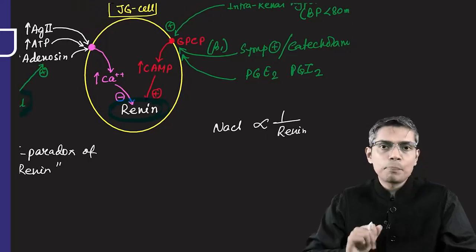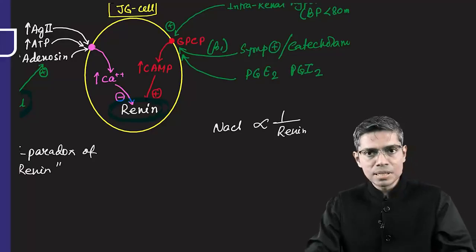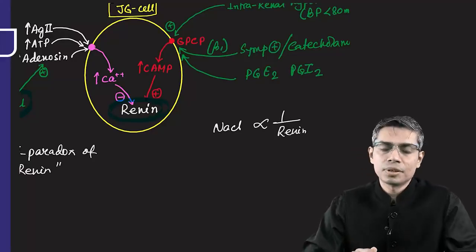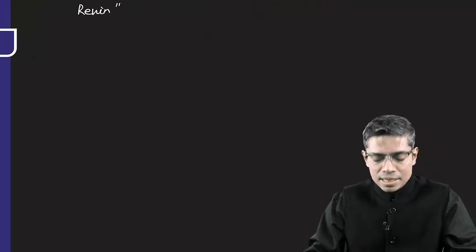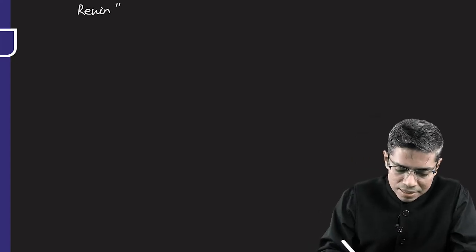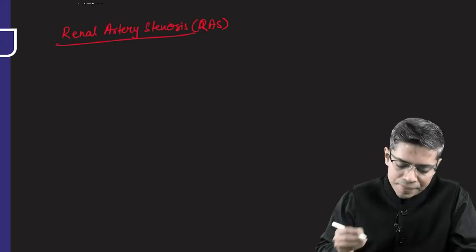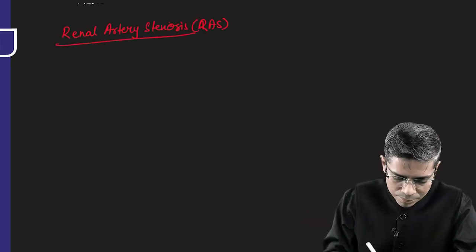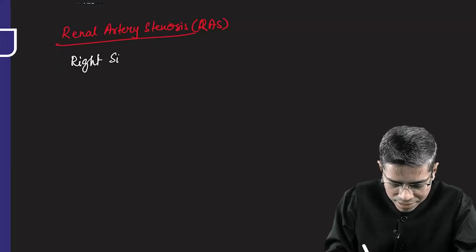Now I will give you an applied aspect of this JG cell mechanism so that you remember these inhibitors or stimulators in a better way. The applied one is nothing but the very common clinical scenario, that is renal artery stenosis. So suppose one person is suffering from renal artery stenosis on the right side.